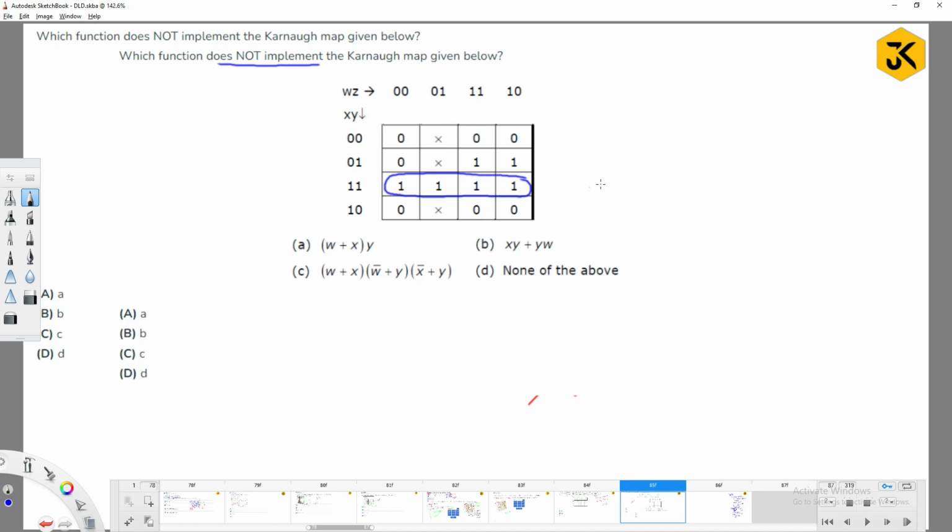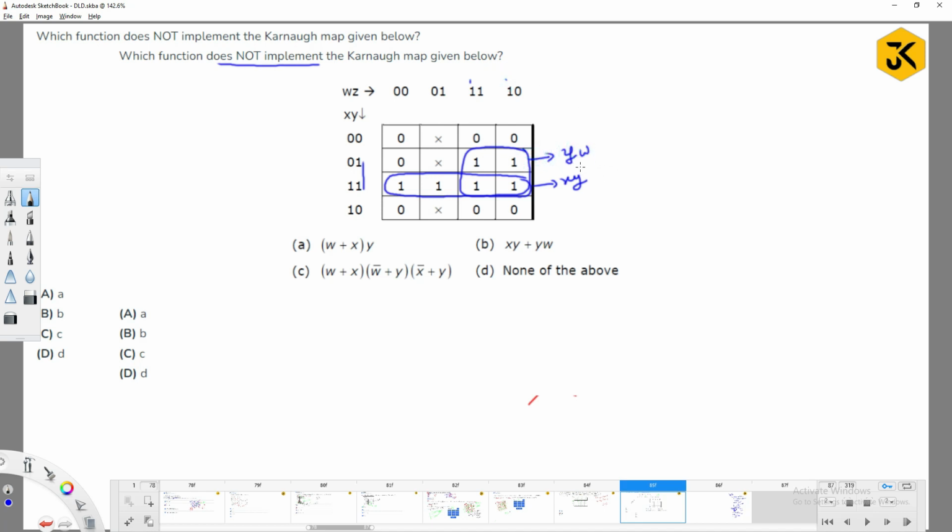So I can say that it is basically an xy term, right? Similarly, if you combine this one, you get y, which is not changing, so you will get y, and from the x-axis you get w, which is not changing, so yw, right? So this is what, right?